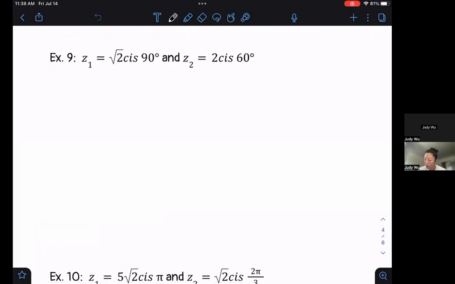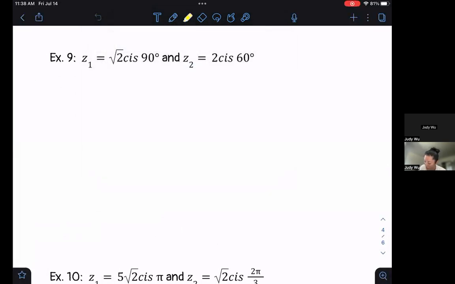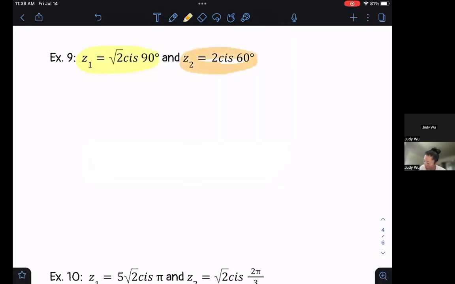We have two complex numbers in polar form. We have the first one that is Z1, and then we have a second one that is Z2, okay? And that's a common way in which we show that we have two different ones.